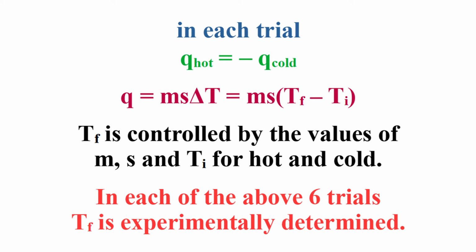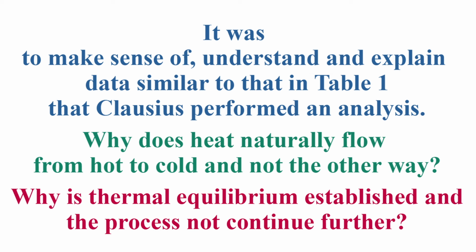Thus, the value of T final is controlled by the values of m, s, and T initial for both the hot and cold bodies. T final is experimentally determined in each of the above trials as the table shows. It was to make sense of, understand, and explain data similar to these that Clausius performed an analysis of such data.